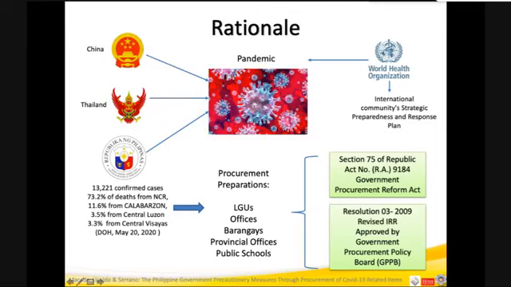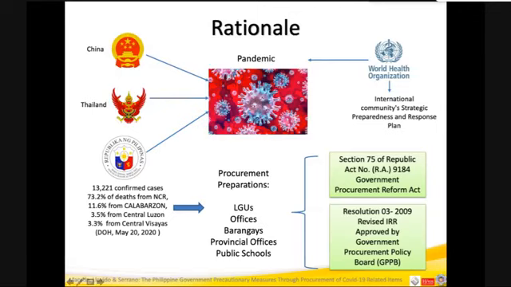So this is actually the report given by the Department of Health as of May 20, 2020. However, as of the moment, this statistic is moving upward or increasing. That is why the Department of Health still strongly emphasizes the importance of adherence to minimum health protocols or standards.